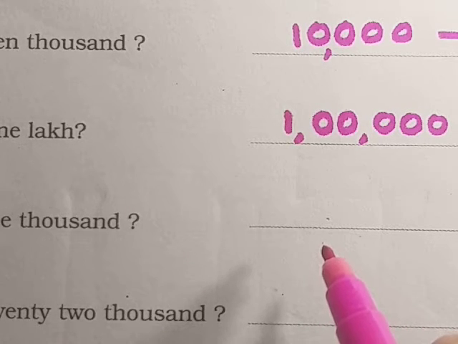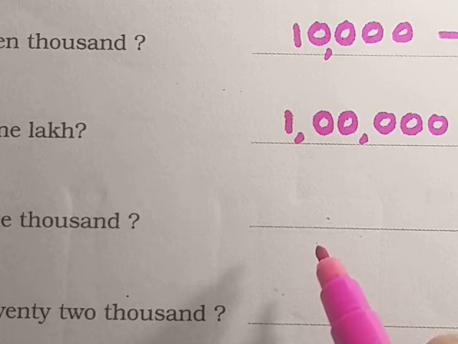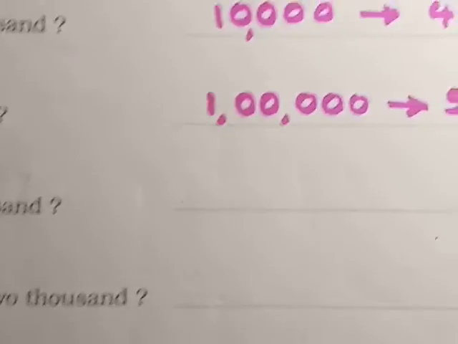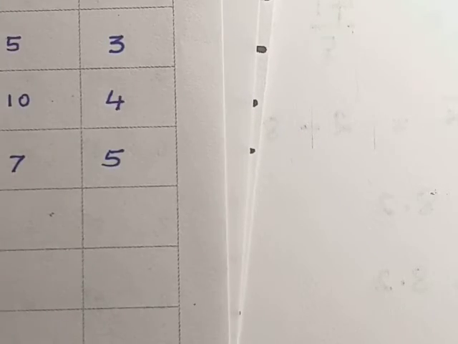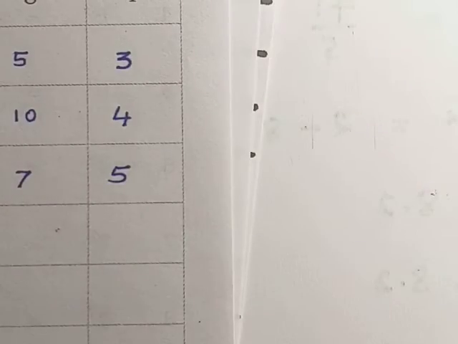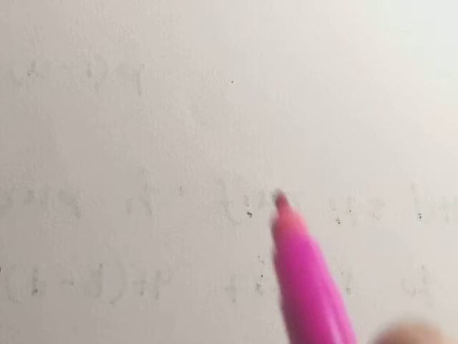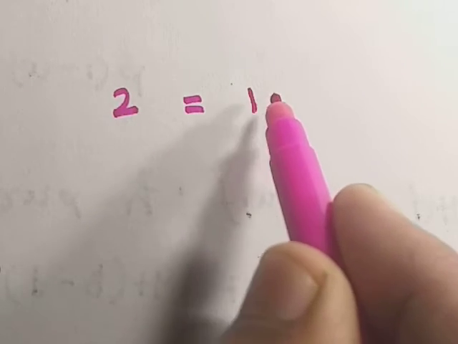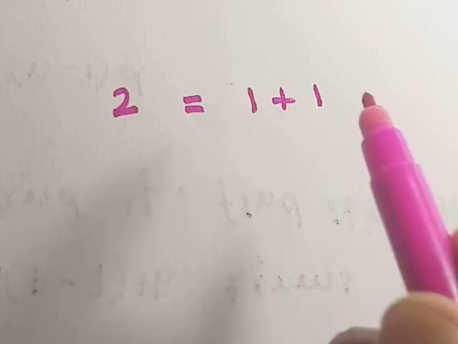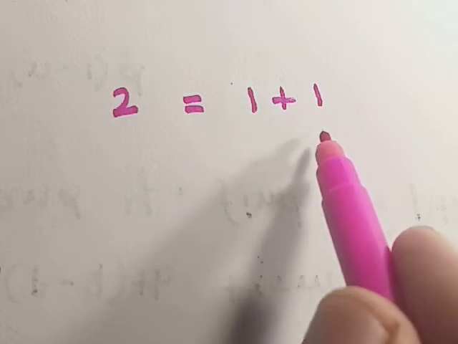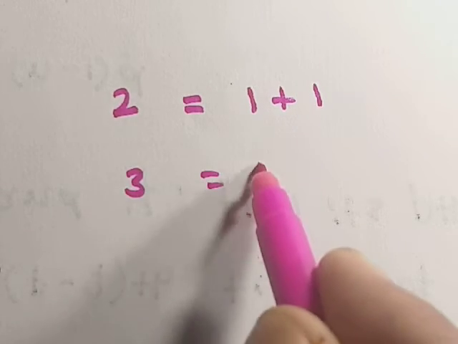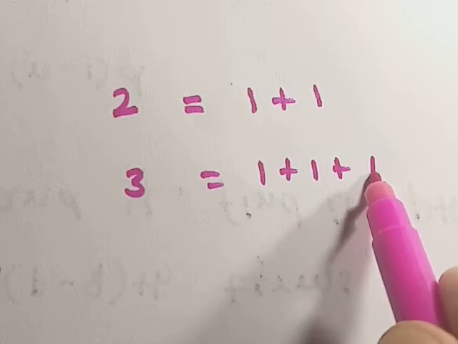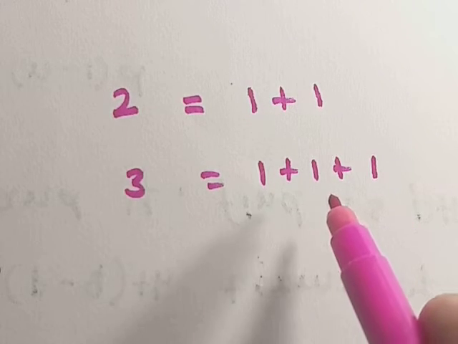In 2, how many ones are there? 2 ones are there. I'll explain you with some other example. Supposing we have two, it is 1 plus 1. How many ones are there? There are two ones. 3 means 1 plus 1 plus 1. How many ones are there? 3 ones are there.